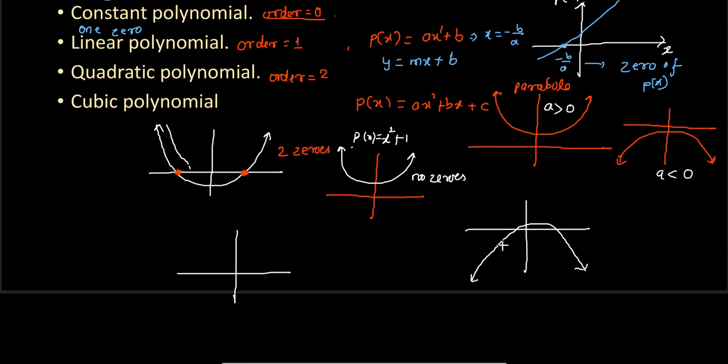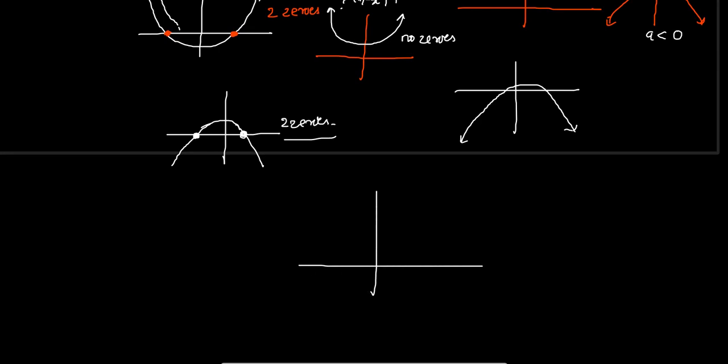So if it has to come back to its original position, that means it has to intersect either twice, or it won't intersect at all. You won't find any parabola which is intersecting the x-axis at a single point, because it has to come back. So if it is intersecting the x-axis at a single point, that means it has to intersect at another point also. So we end up with two zeros, right? But if it is not intersecting the x-axis, like this, it is in the air, that means it won't have the other zero also, right?